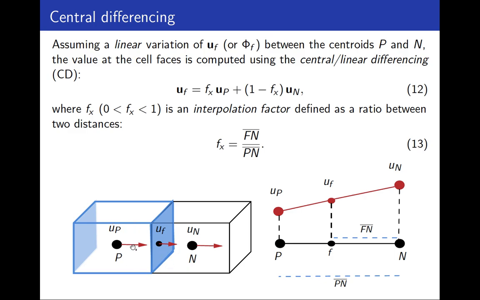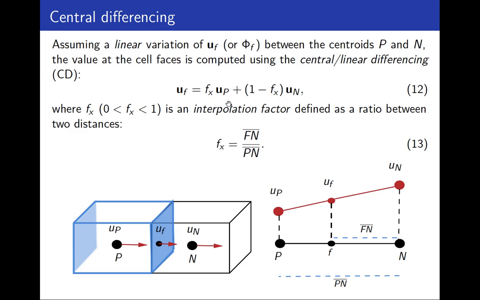So here we have two cells. Remember, we have to evaluate the values of the velocity at the cell faces. So we will use this equation 12, that you can see depends on the value of the velocity at the centroid P and the value of the velocity at the centroid N.